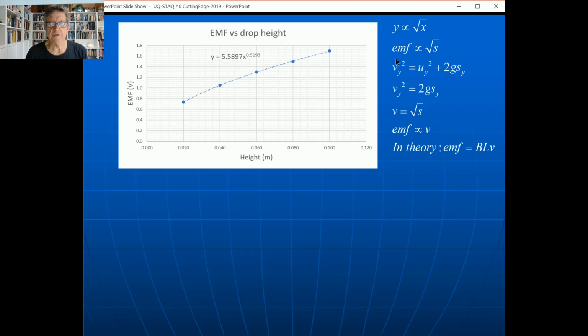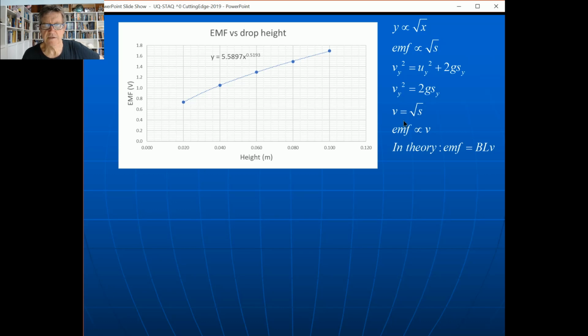Now, to derive that, we just use our vertical motion formulas. I've put the y's in here, even though you wouldn't normally. It's just the students tend to, once they're in Unit 3, they tend to like the y's in there because the formula book has that y, whereas in Unit 2 it didn't. Okay, so that's 0, so you get rid of that. Vy squared is 2gsy, so V is proportional to root s.